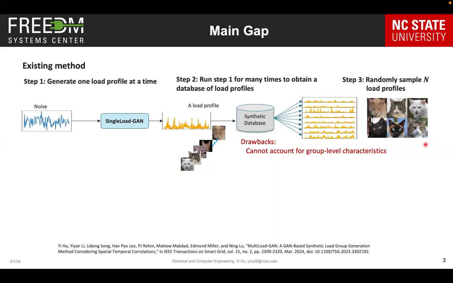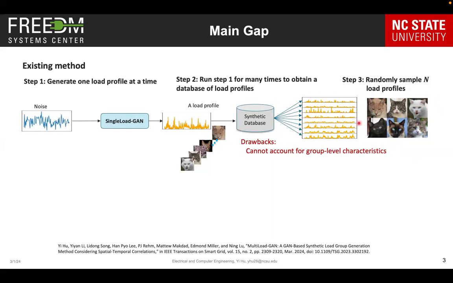If you need a cat family, you randomly pick some cats from the database, and then you get a group.